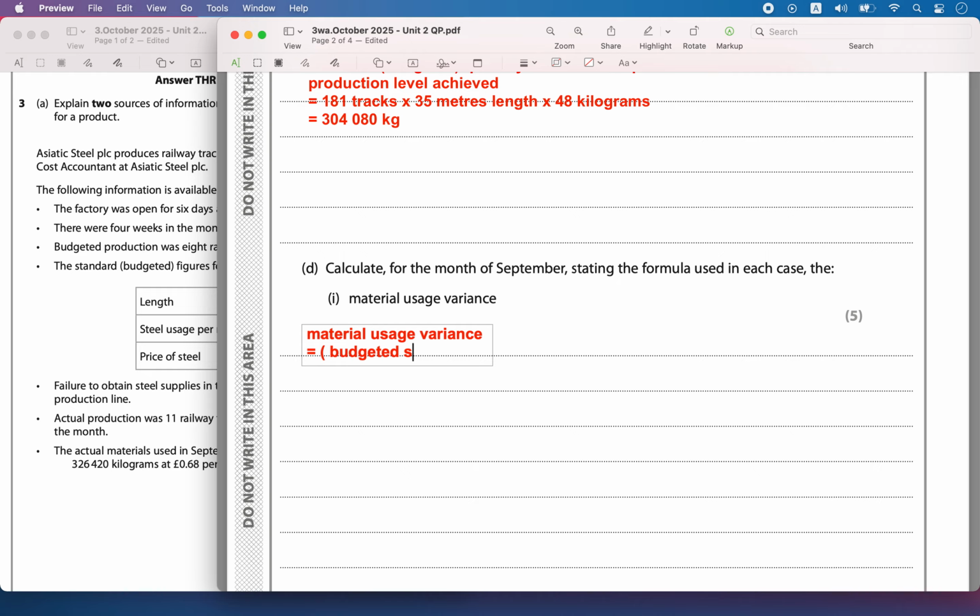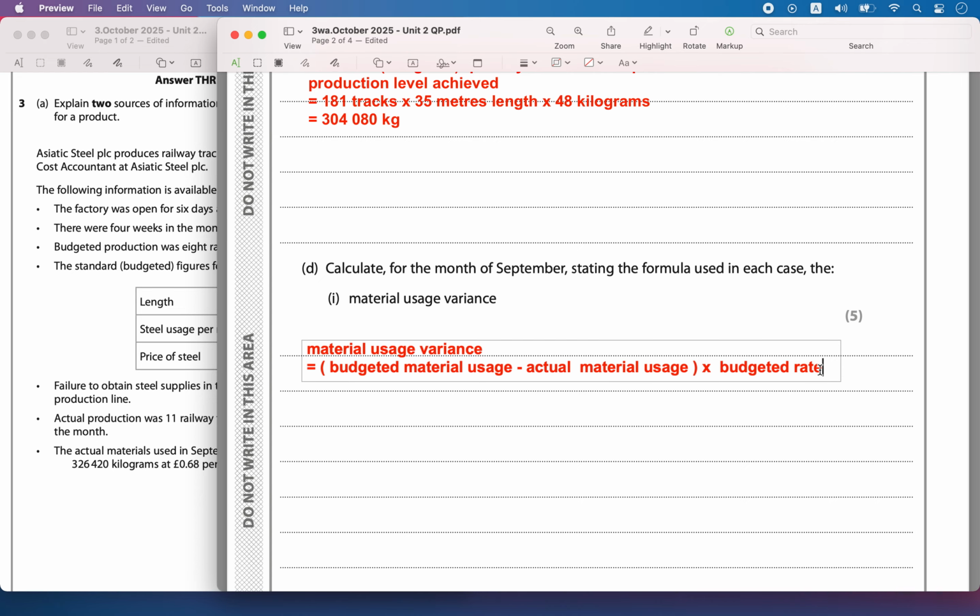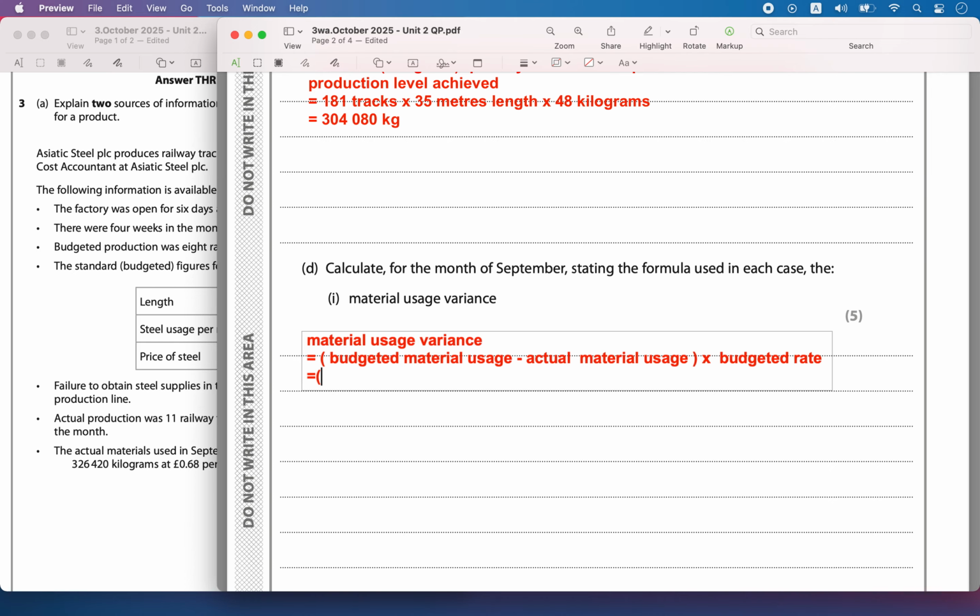That is nothing but budgeted usage minus actual usage, times the rate. So it is the difference in budgeted material usage and actual material usage times the rate. What rate will you take? You will take the budgeted rate. So that is the material usage variance.